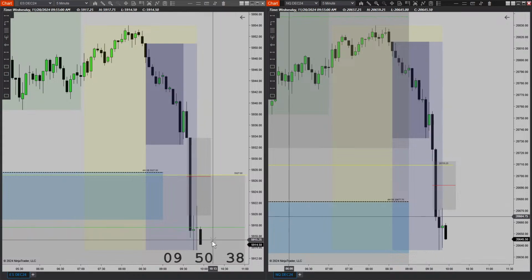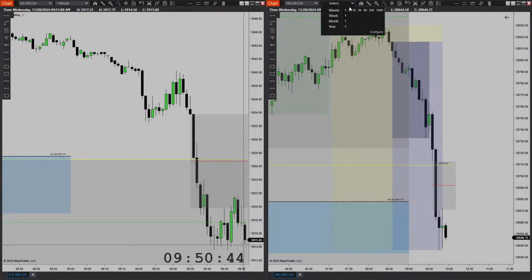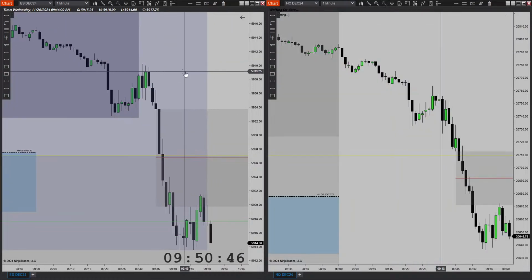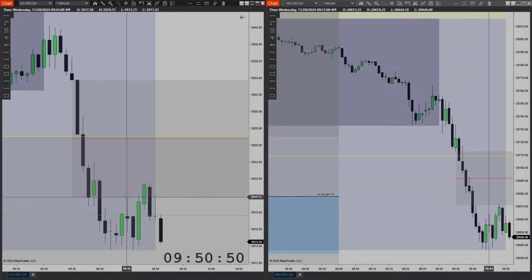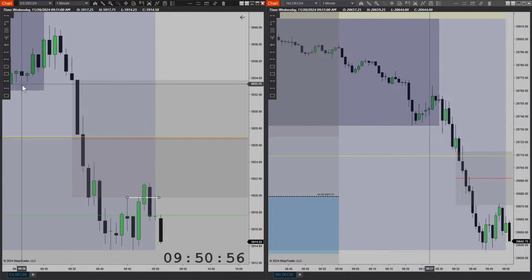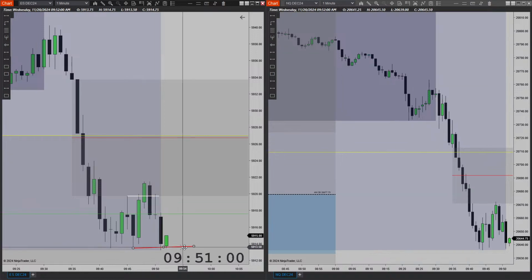We got the sweep of the high first. We haven't swept the low yet. So now that the 10 o'clock macro started, we start looking for that sweep. Okay, so we have that sweep here. And now we have that sweep down there.